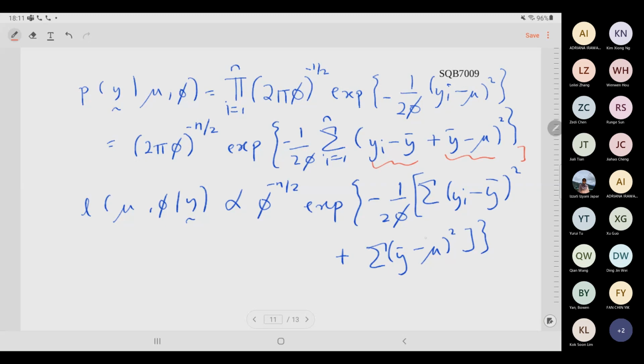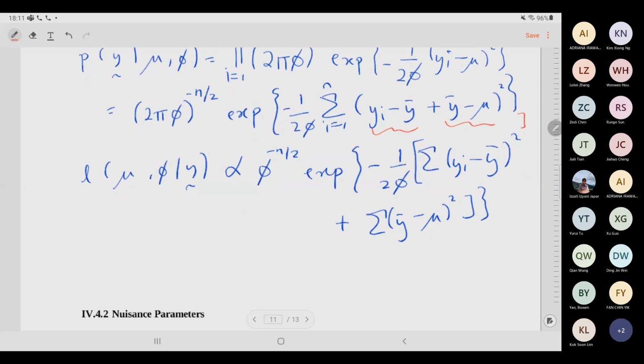Okay, and just now the PDF for this is your S. So this is your S, right? Okay, and then you have your y bar minus mu, this part. And this is S squared, sorry. And this one is actually n.